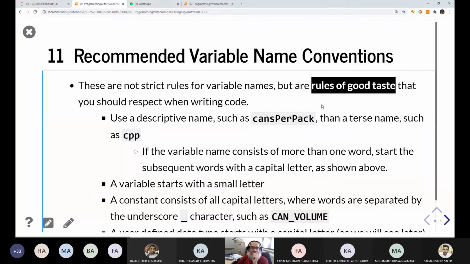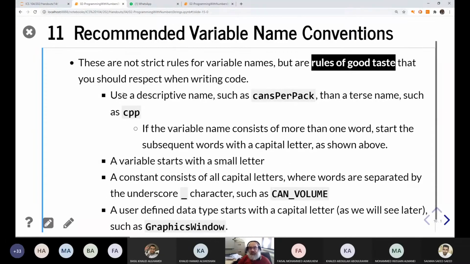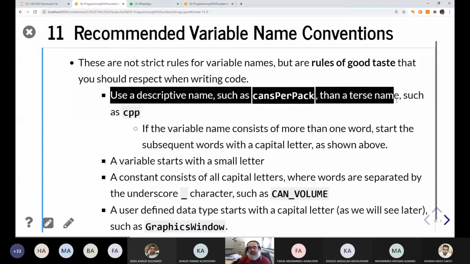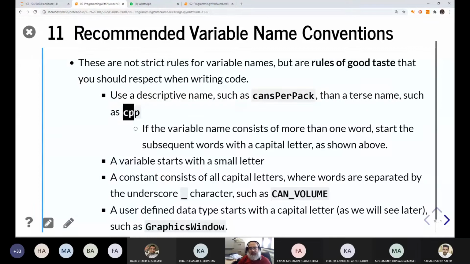So why do we need to respect them? Let's go over them, and then I will ask you this question. Keep that question in mind. The first one says, use a descriptive name such as cans per pack rather than a terse name such as CPP. If you are in front of this slide, you can relate CPP to cans per pack.